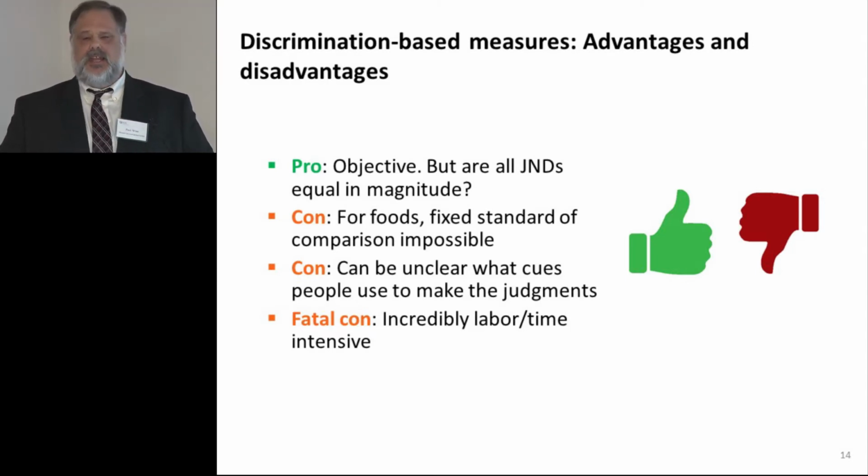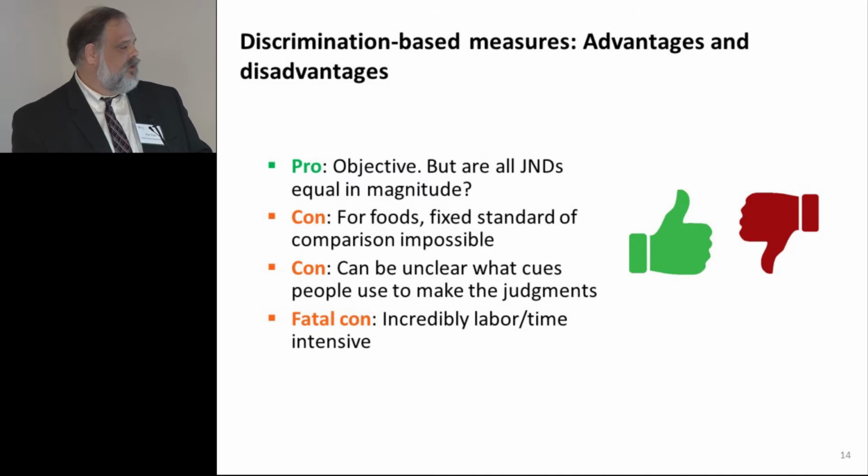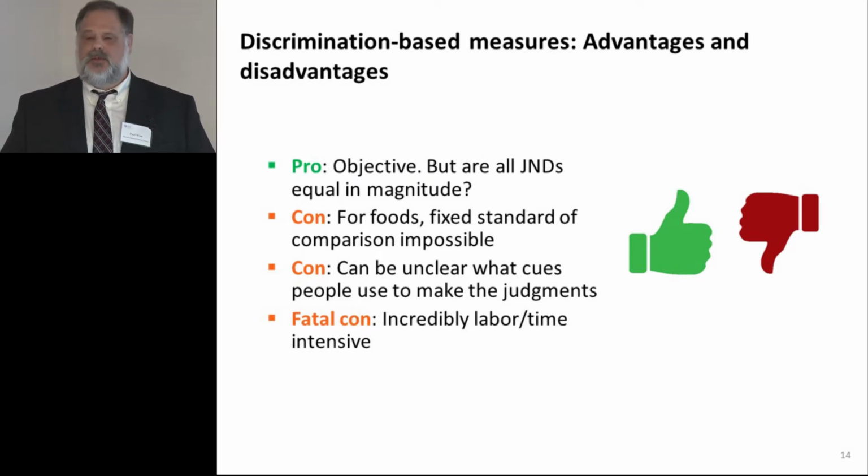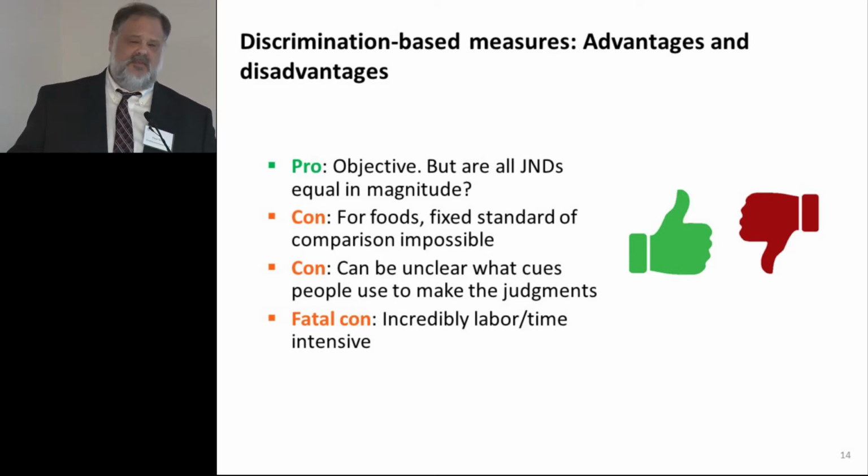So really, you can't have a standard of comparison across all kinds of different foods. An orange and an apple that are perfectly matched in sweetness would still be perfectly discriminable. Is that a serious thing? I'm not sure. Another practical issue is that it can be unclear what people use to make judgments, and that'll be true of these subjective tasks I talk about later.